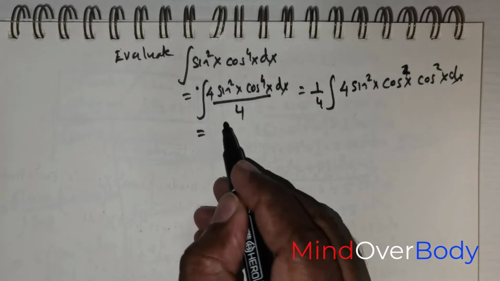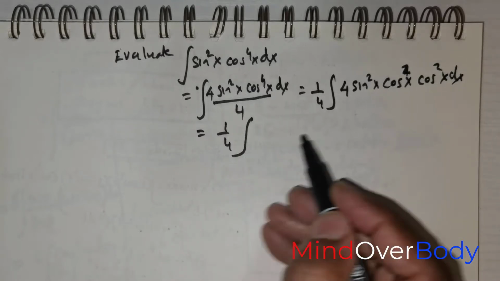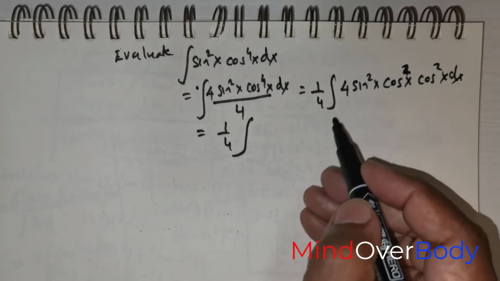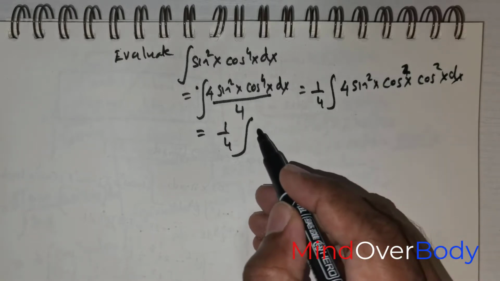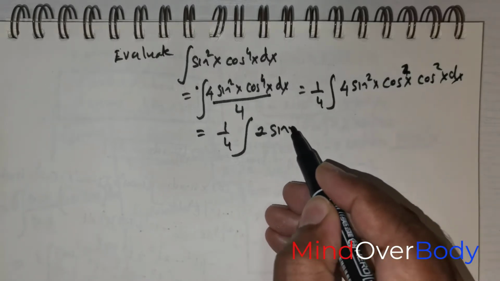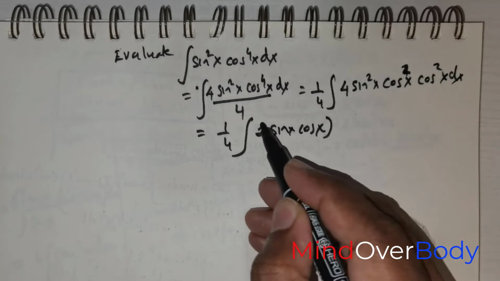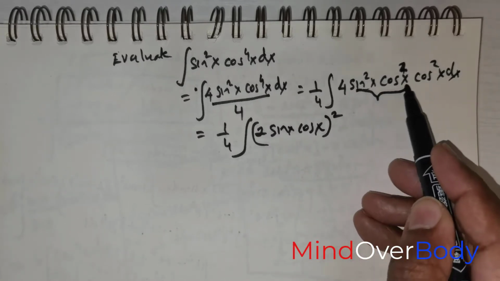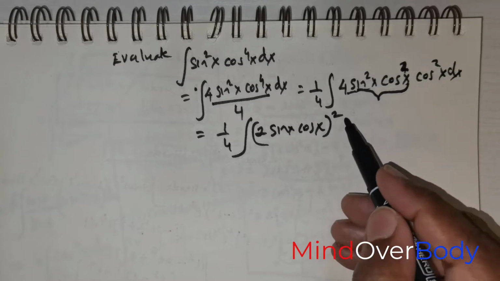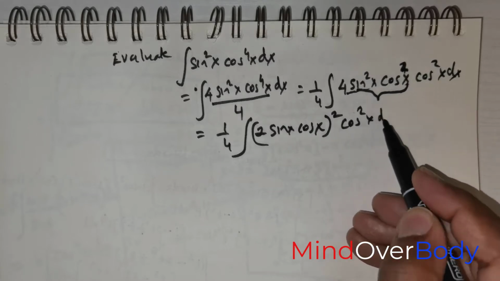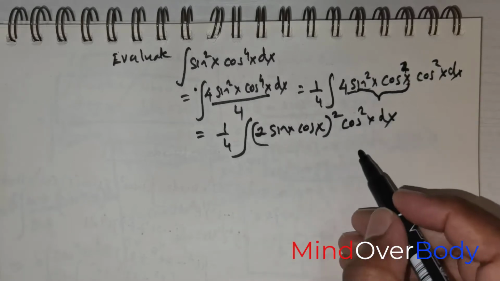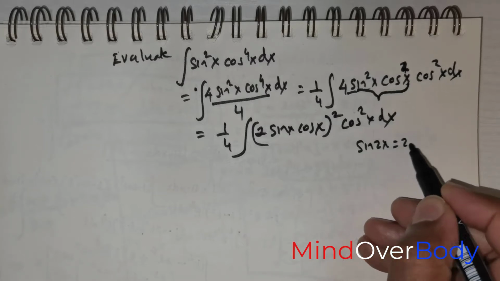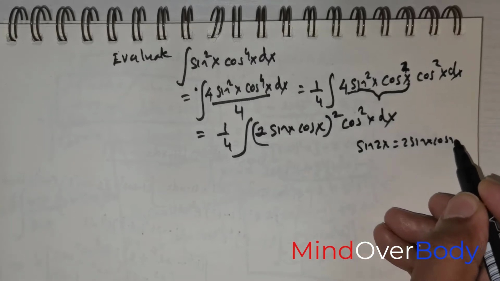So let me rewrite this as 1/4 times integral. Now this can be rewritten as 2 times sin x cos x raised to the power of 2, I'm just clubbing these two together, times cos squared x times dx. Now we know that sin 2x is equal to 2 sin x cos x.